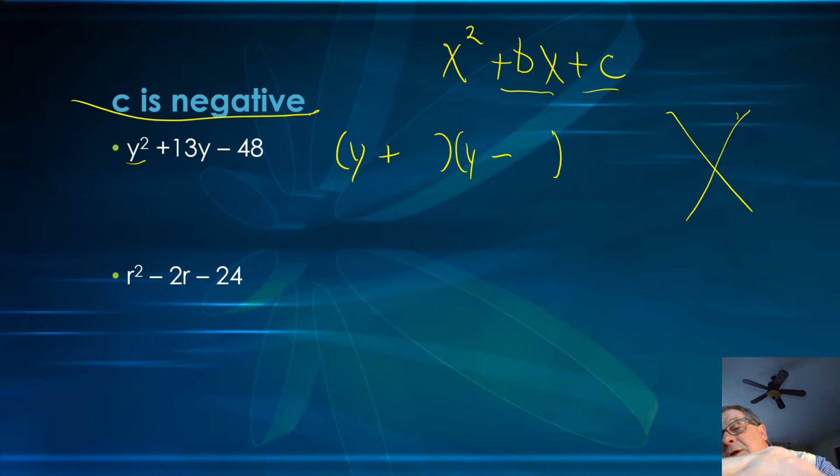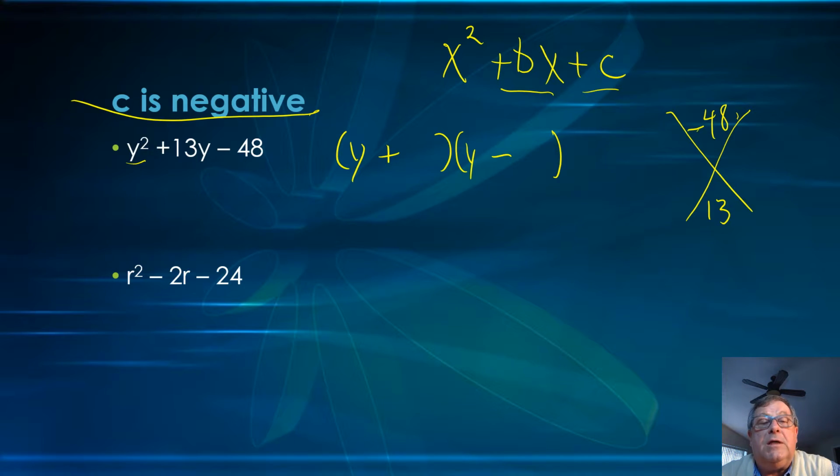I'm looking for two numbers that are going to multiply to negative 48 and are going to add to 13. Okay, well, 48 and 1, 24 and 2. Let's see, 3 goes into negative 48, 16.